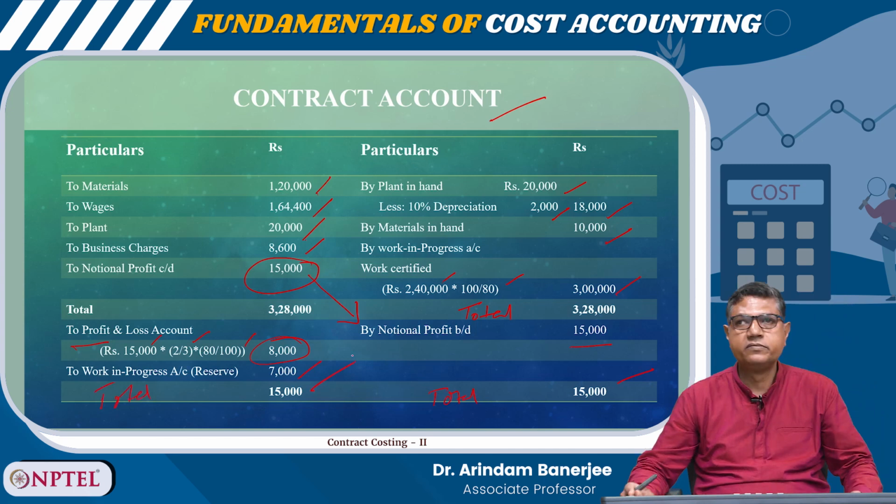Now, we will go to the fourth method. The fourth method is estimated total profit into cost of work to date divided by estimated total cost into cash received by work certified.